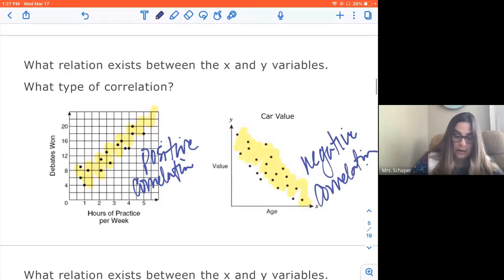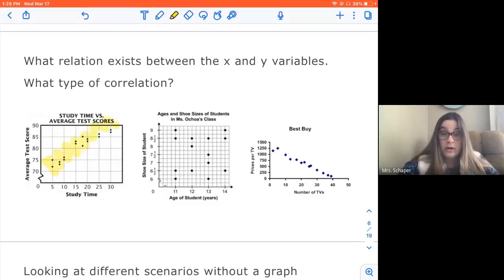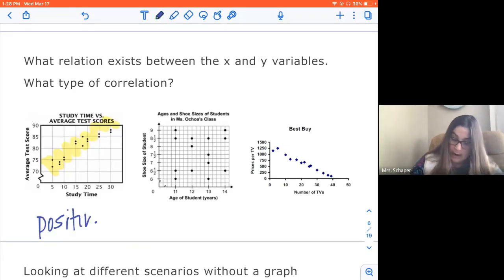All right. Taking a look at these, again, I'm starting to see a positive correlation between study time and average test score. So I'm seeing a positive correlation. When I take a look at the age of a student and the size of their shoes, it's really kind of all over the place.